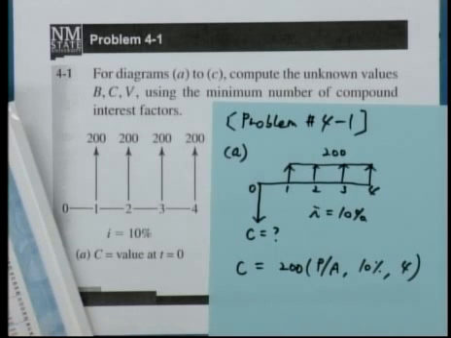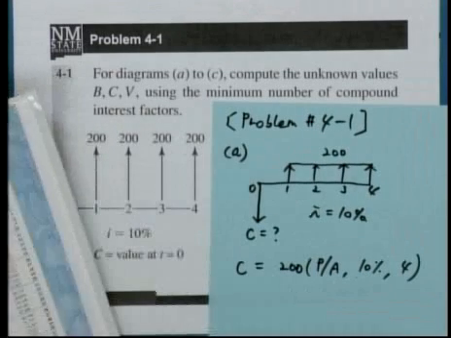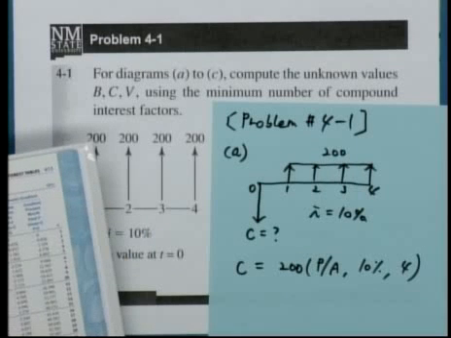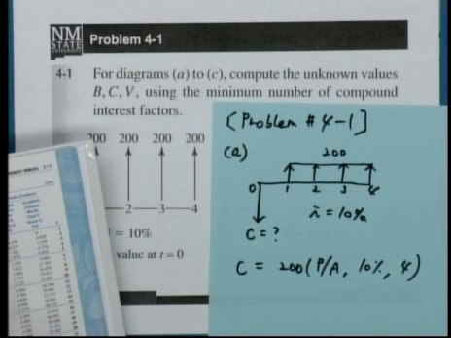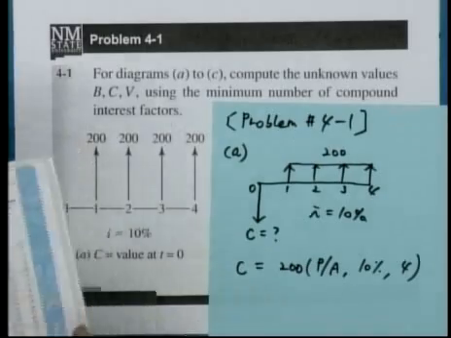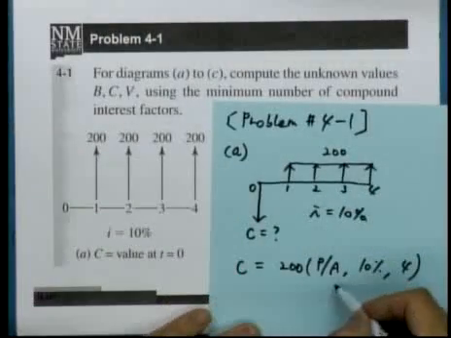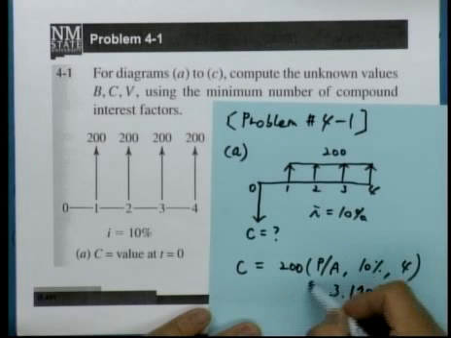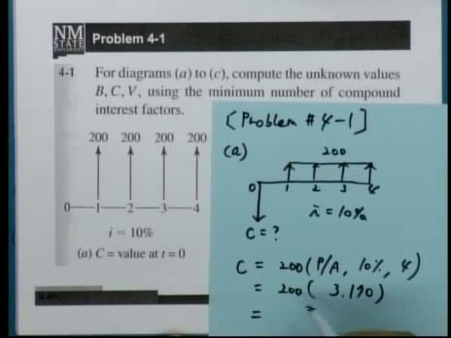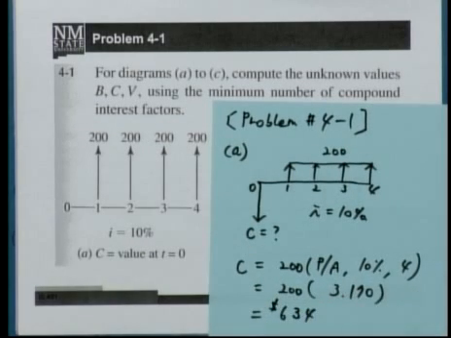So we are looking for 10% interest rate, so you need to look at page number 613. P given A over 4 periods, which is 3.170. So this is 3.170 times 200. So how much is that? $634. Okay.